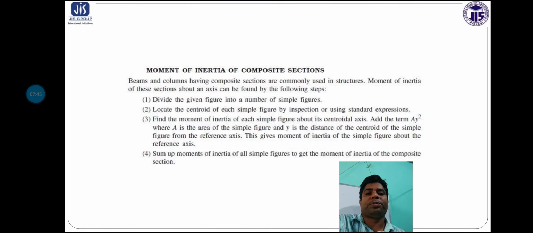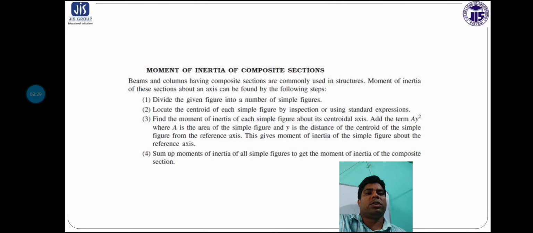Number 1, divide the given figure into a number of simple figures. Number 2, locate the centroid of each simple figure by inspection or using standard expressions. Number 3, find the moment of inertia of each simple figure about its centroidal axis and add the term A y square, where A is the area of the simple figure and y is the distance of the centroid of the simple figure from the reference axis.